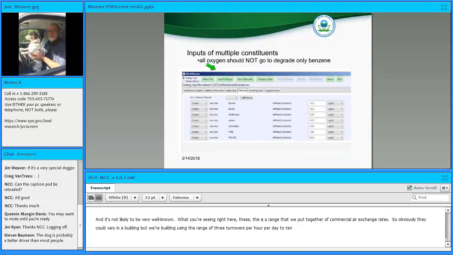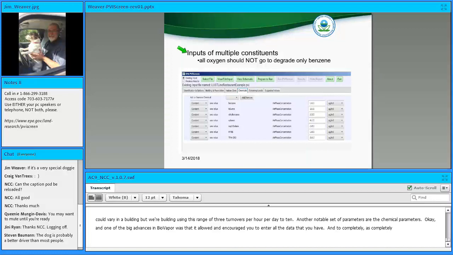Another notable set of parameters are the chemical parameters. One of the big advances in BioVapor was that it allowed and encouraged you to enter all the data that you have and to characterize the soil gas as completely as possible.